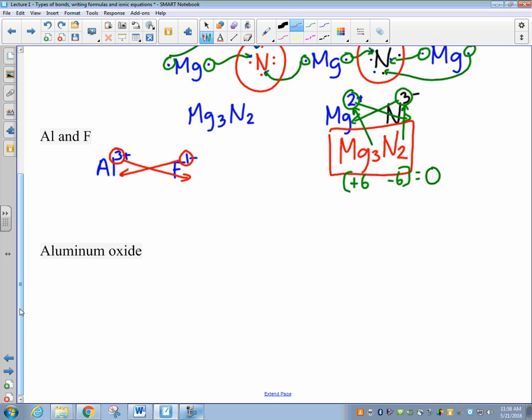I can now write the formula of my compound, aluminum fluoride, which would be Al1, but we don't write the 1, it's just implied, F3. That is to say, it takes 3 -1 fluoride ions to balance out the charge of the 1 +3 aluminum ion.